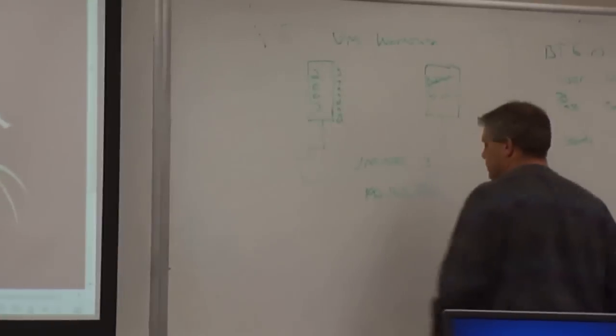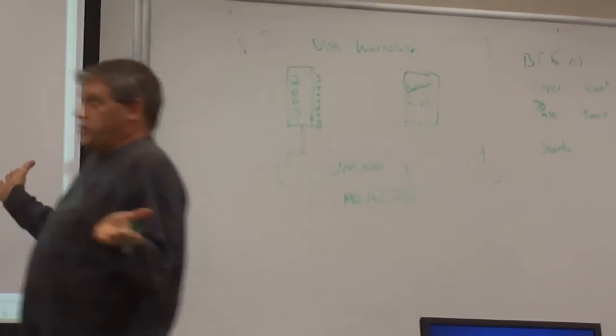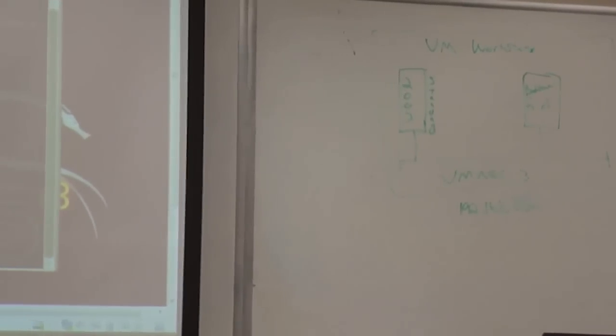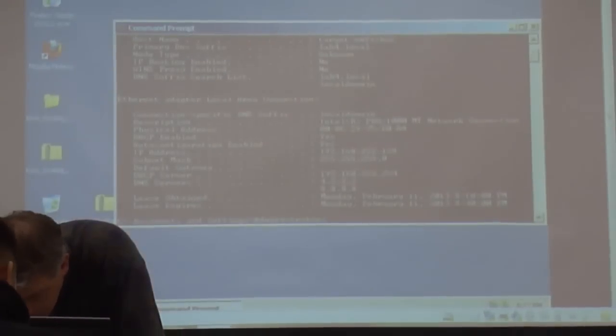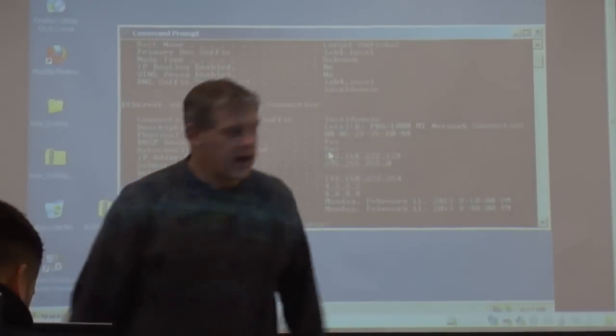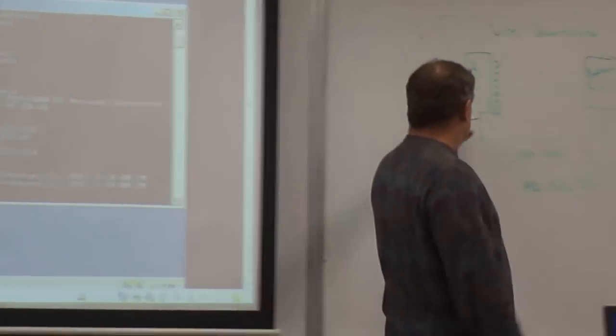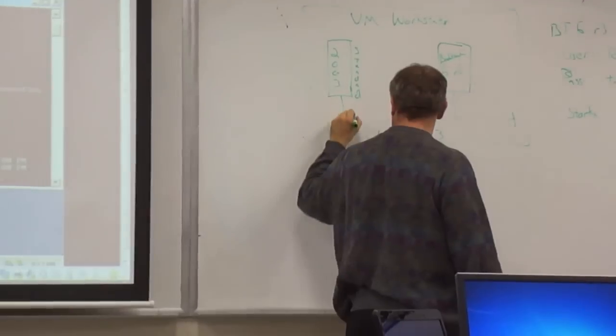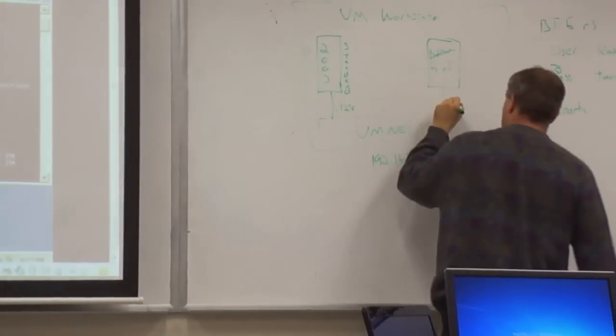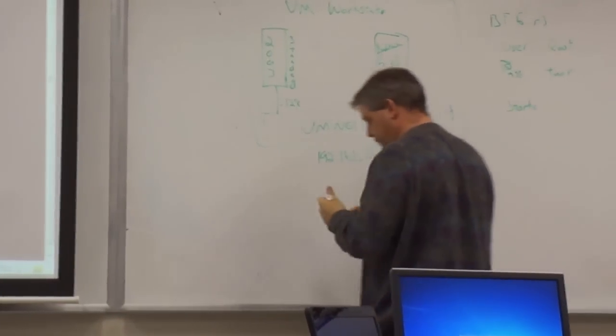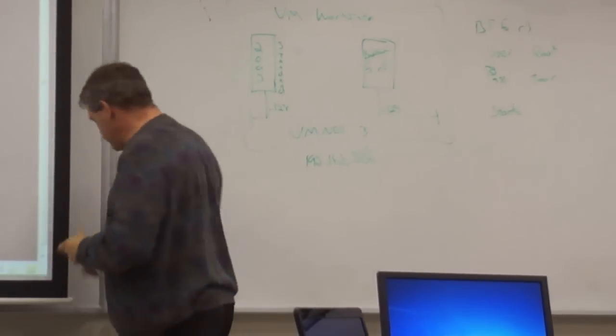So 192.168.222, and this is whatever you make your network. It doesn't have to be this address, per se. So, BackTrack is 129, and he's got 128. So, to test this simply, I'm going to ping each of them.